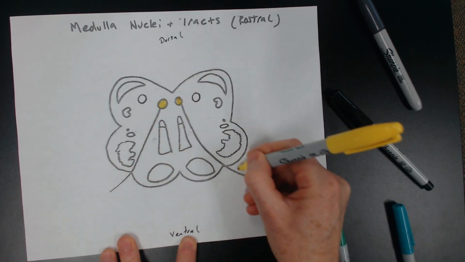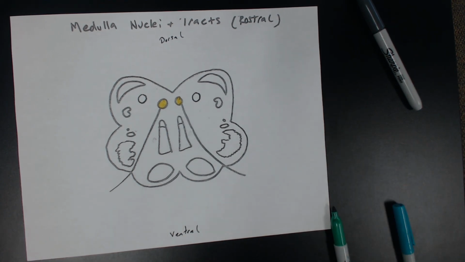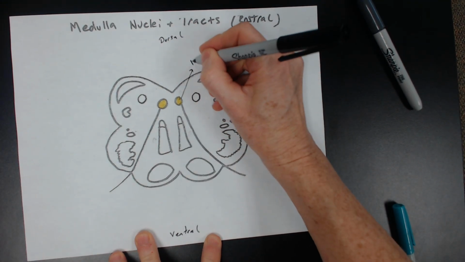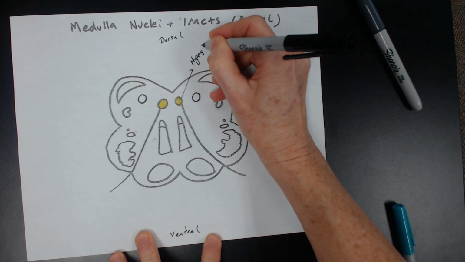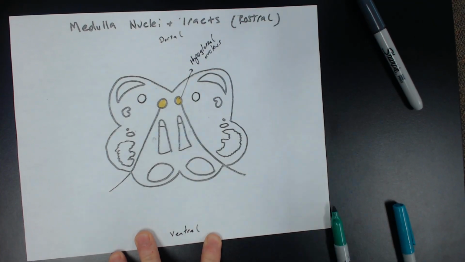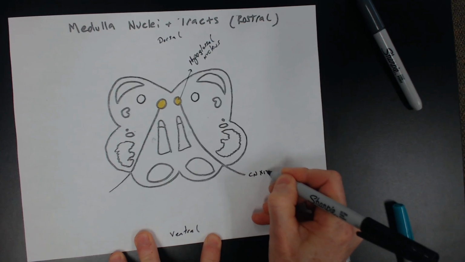Does anybody remember what nucleus and cranial nerve that is? Hypoglossal, right. So this is going to be my hypoglossal nucleus, and this is going to be my cranial nerve 12.